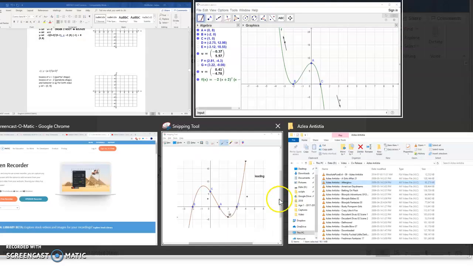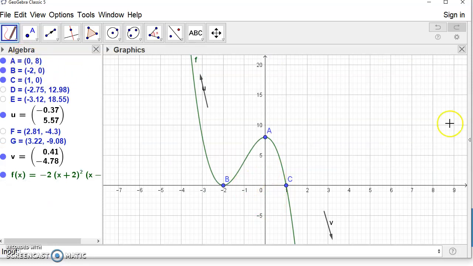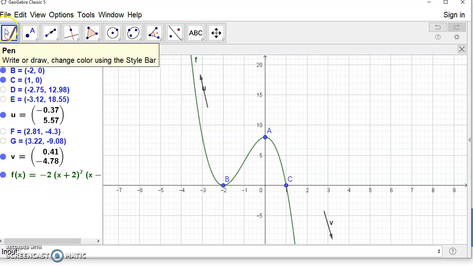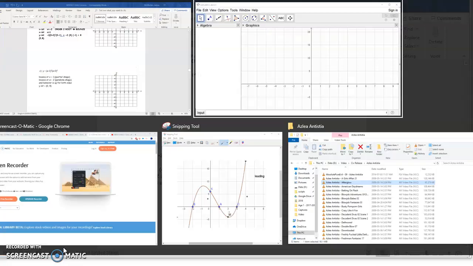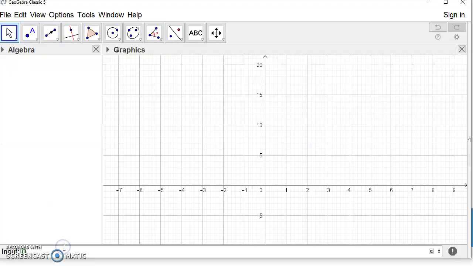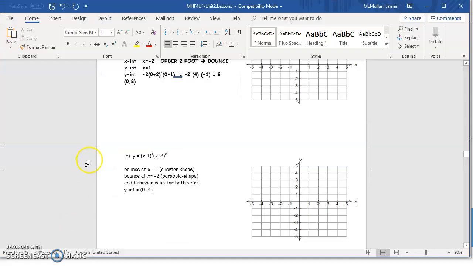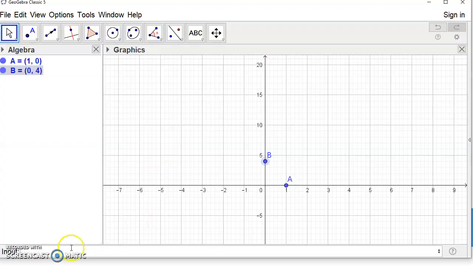So quickly, let's just grab this one. To graph this one, we're looking at (1, 0), (0, 4), and (-2, 0).